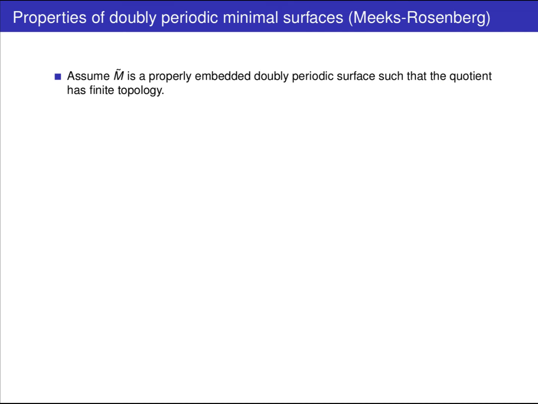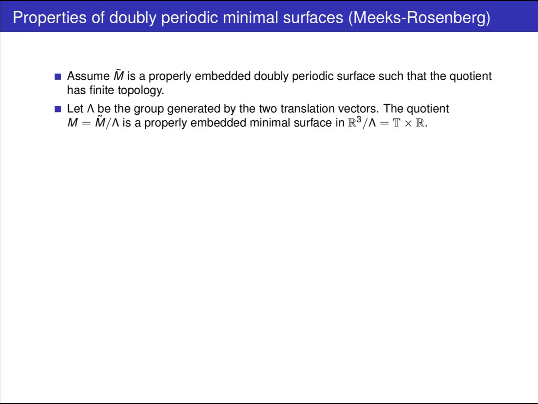Some properties of doubly periodic minimal surfaces due to the work by Meeks and Rosenberg. If we assume M tilde is a properly embedded doubly periodic surface such that the quotient has finite topology, we'll let lambda be the group generated by the two translation vectors.